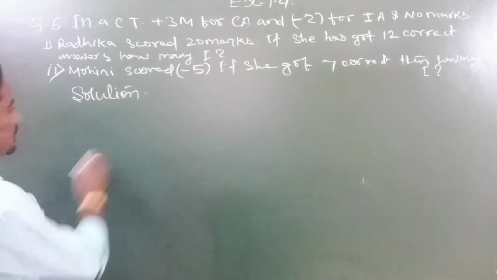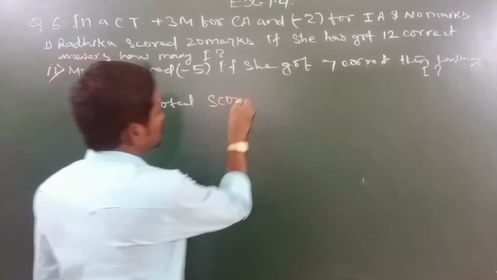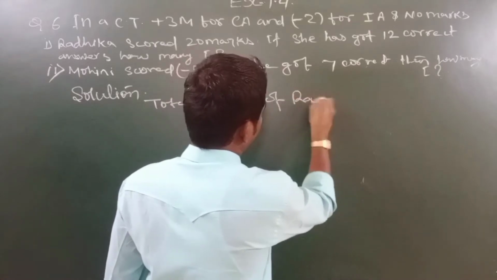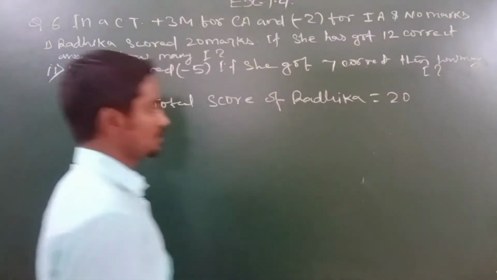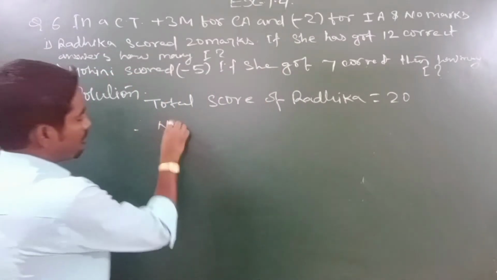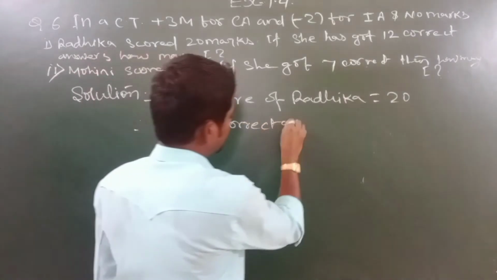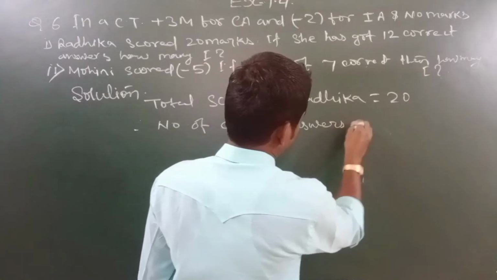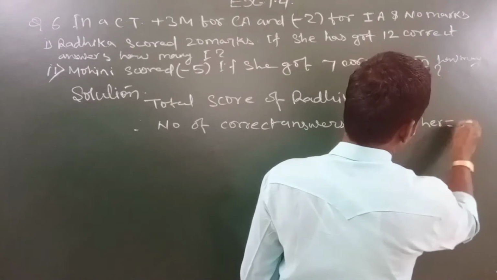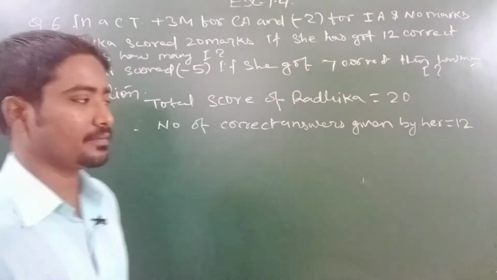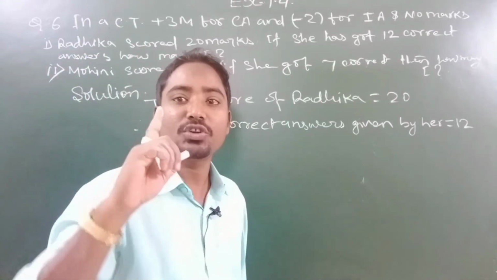So first we will write: total score of Radhika is equal to how much, students? 20. Since the number of correct answers given by her is equal to 12, how much score will she get after giving 12 correct answers?